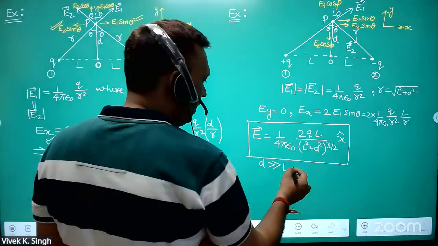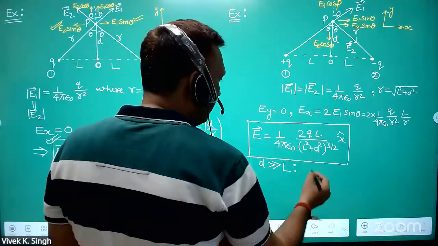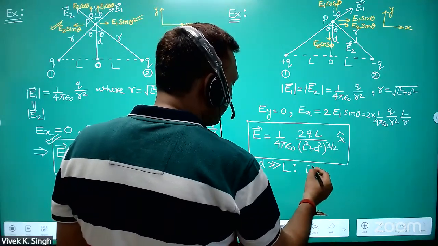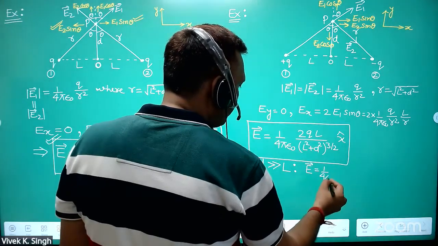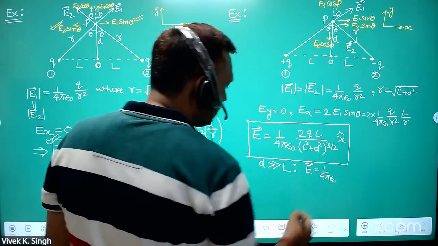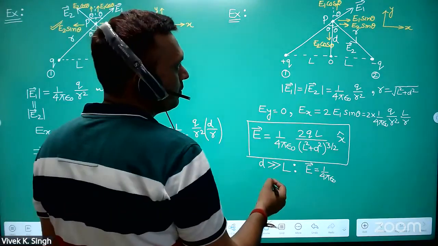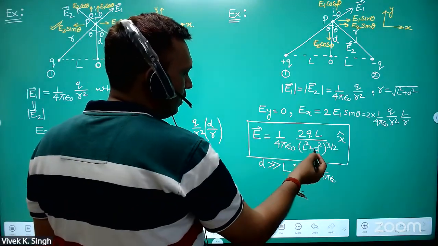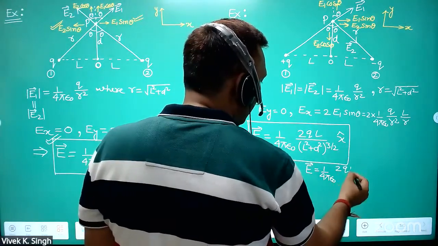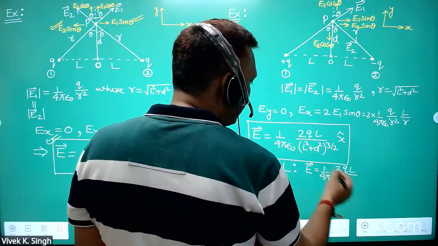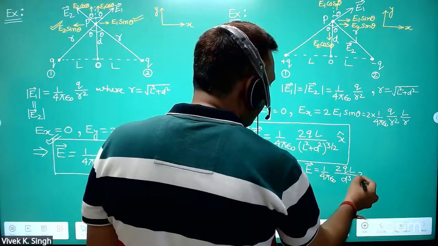Then the electric field will be 1 by 4 pi epsilon naught, and you can neglect this L. So this is 2QL by D cube, with L neglected in the denominator, in the X cap direction.